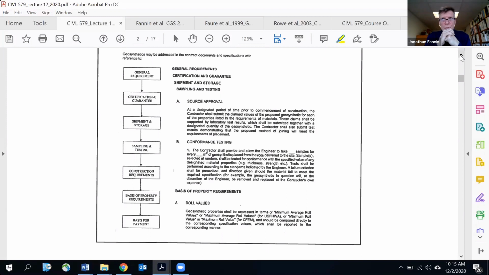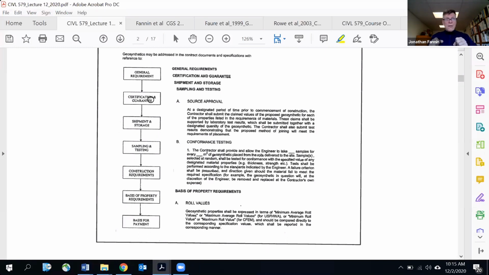The specification document will contain a number of clauses, general requirements, a certification and guarantee that you may ask the contractor to acquire from the manufacturer, certifications and guarantees as to the integrity of the product.